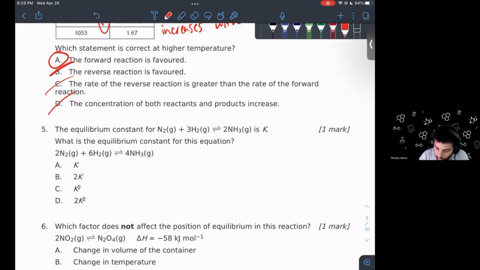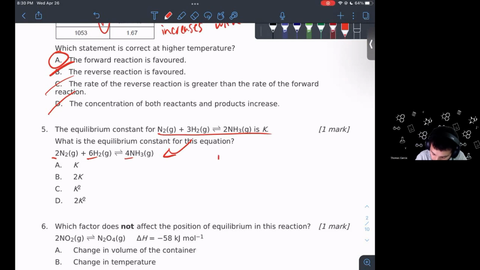The equilibrium constant for this equation is K, just K. What is the equilibrium constant for this equation? Well, I notice that we are adding more exponents. We're actually doubling the exponents.